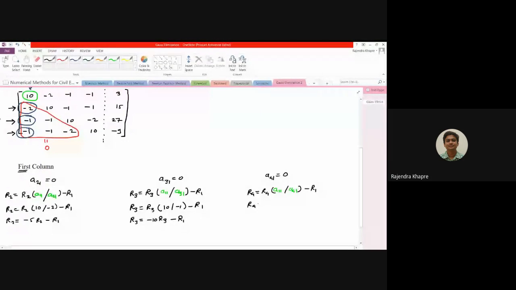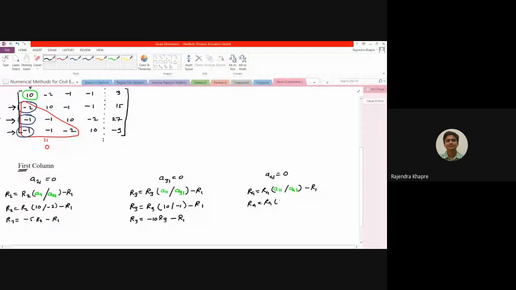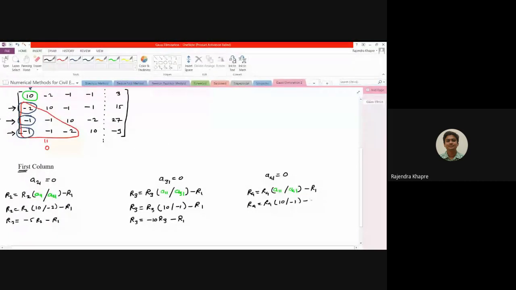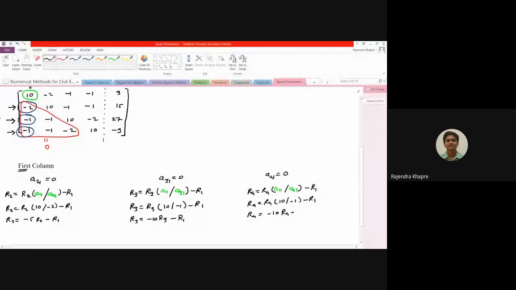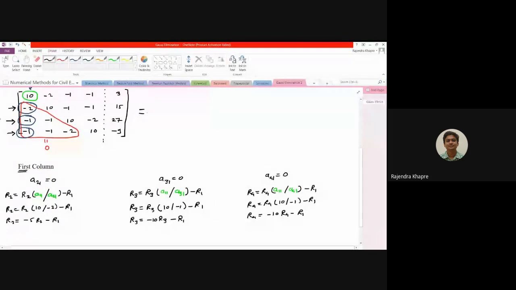Similarly, your R4 will be R4 into 10, and again this is minus 1 times R1. So your R4 will be operated as minus 10 times R4 minus R1. Now you have these operations with you, so this entire matrix is going to take a different shape.